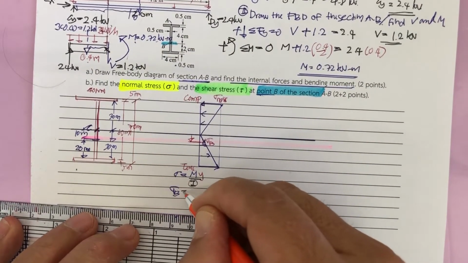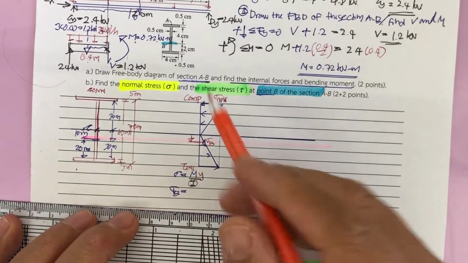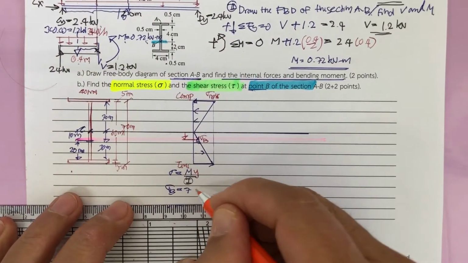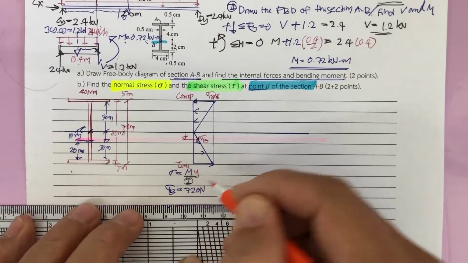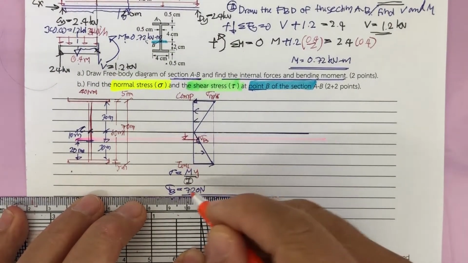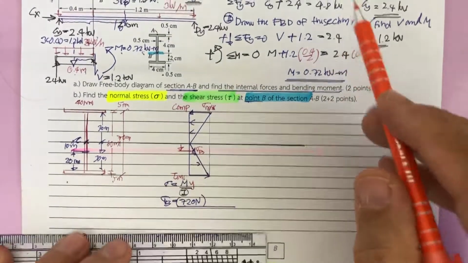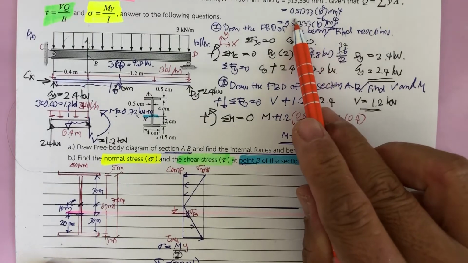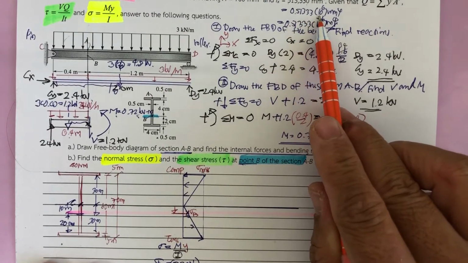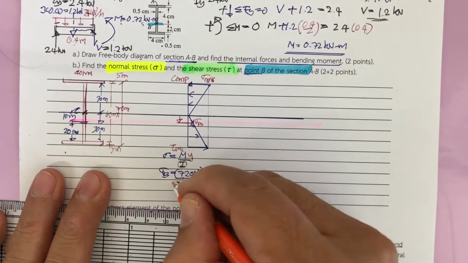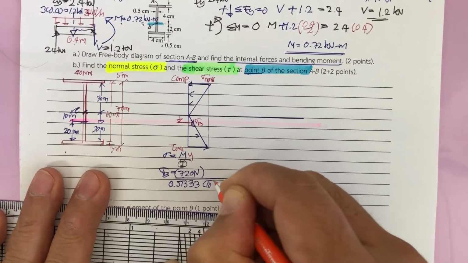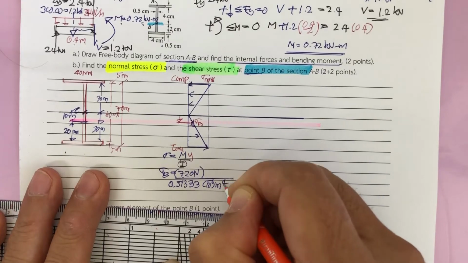Sigma sub B is equal to the moment around here, 720 Newton meter, divided by the I. The I, we already computed, is 0.51333 times 10 to the minus 6 meter to the fourth.